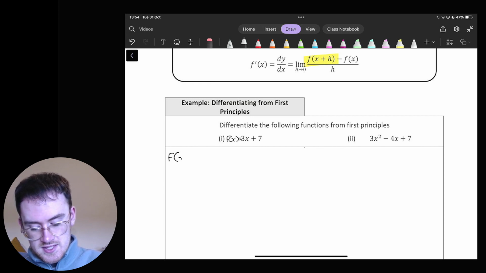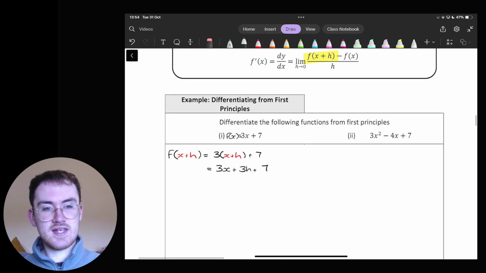If I want to find f of x plus h, that means I put in x plus h anywhere that I see x. So I'm inputting x plus h into my function. So that's going to be 3 times x plus h plus 7, which gives me 3x plus 3h plus 7.